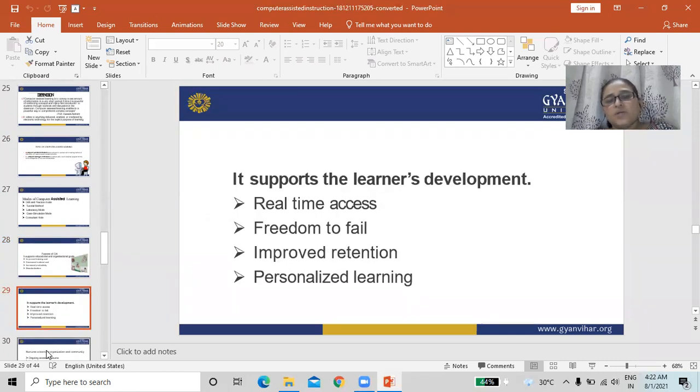It supports learner development: real-time access, freedom to fail, improved retention, personalized learning.